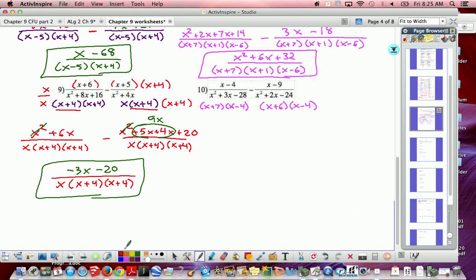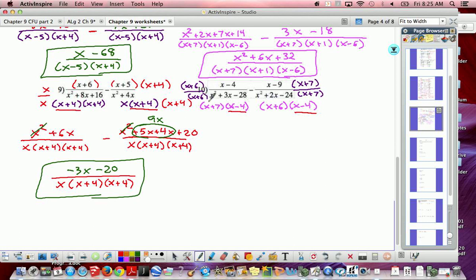So notice how they both have this minus 4 in common. So this one needs the x plus 7, since it has it here but not here. This one has the x plus 6. This one needs the x plus 6.